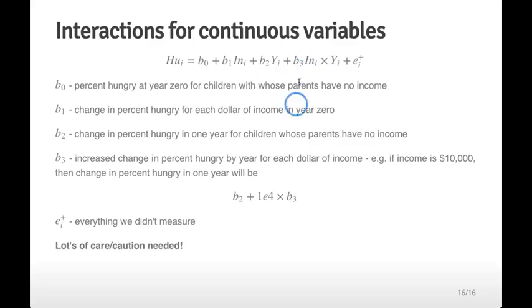So you get a change of B2 plus 10,000 times B3. So you can imagine as income goes up, the change actually changes. So this is a bit of a tricky thing to interpret and hard to keep in mind if you have interactions with continuous variables. And finally, E measures everything that we didn't measure or include in our model.